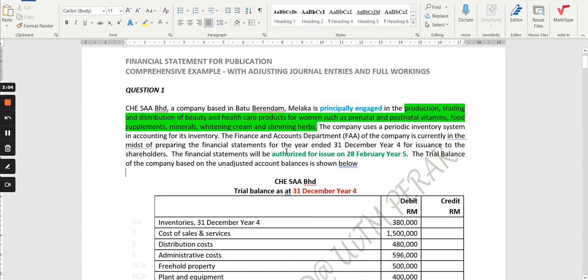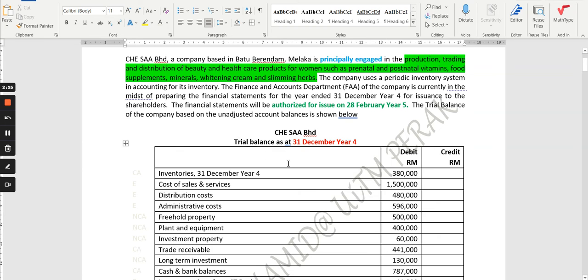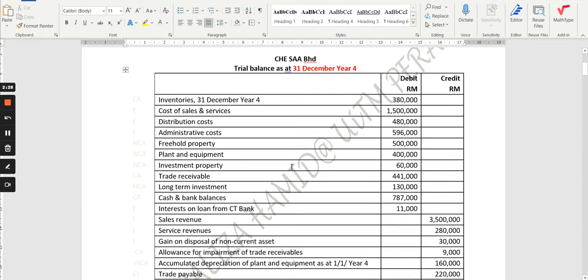So whatever transaction or events that took place on or after 1st of January, year 5, up till 28th of February, year 5, is going to be considered under MFRS 110, events after reporting period. You have the trial balance here, which is showing the unadjusted accounts as follows.